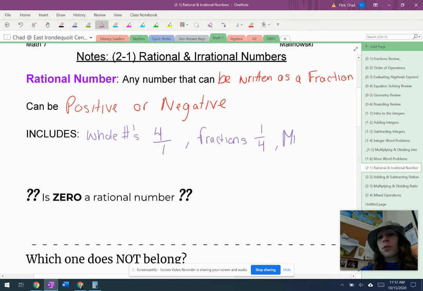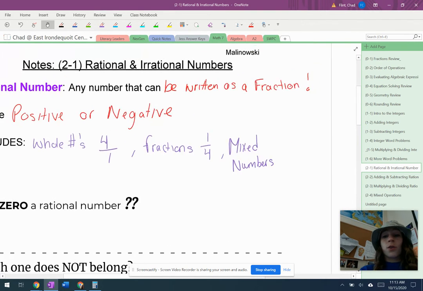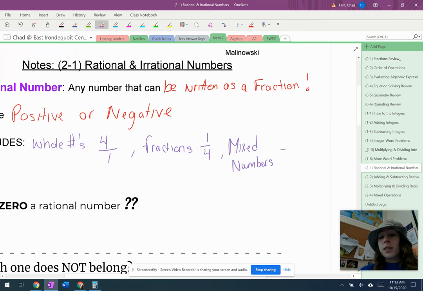It also includes mixed numbers. So something like maybe -4. I don't know why I keep using 4. Let's use a different digit. How about -5 and 7/8, right? That's a rational number because that's a fraction. I can write that as a fraction.